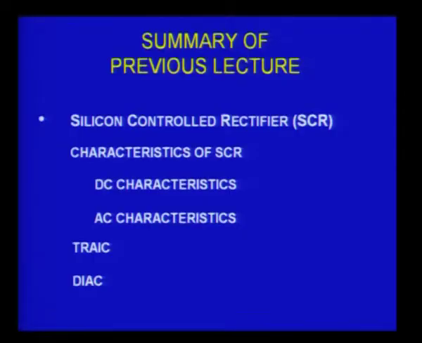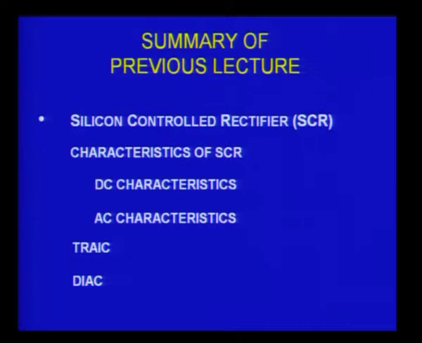You might recall in our previous lecture we were discussing some new devices like the unijunction transistor and the silicon controlled rectifier or thyristor. In the last lecture we discussed the thyristor, the silicon controlled rectifier, which is also called the SCR for short.